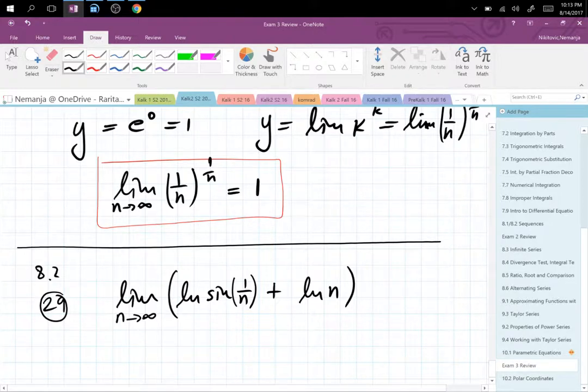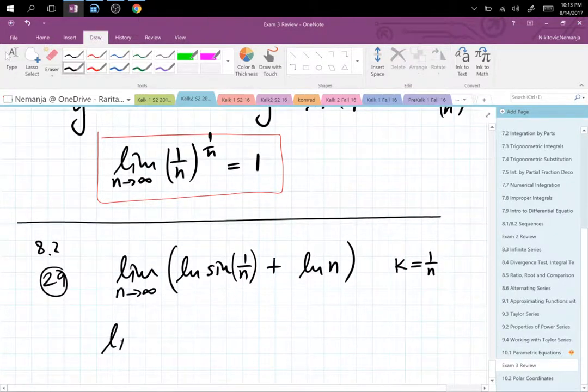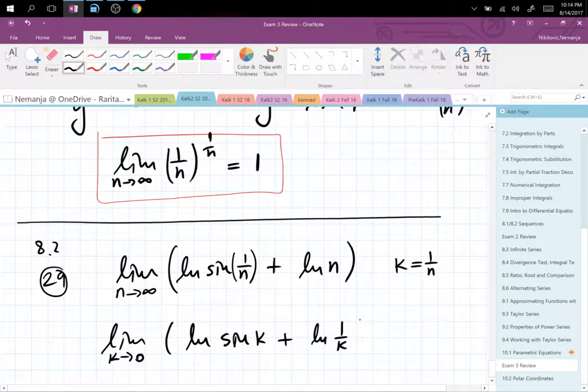For this particular problem, I'm going to use substitution again. k equals 1 over n. I'm getting the limit as k goes to 0, same transformation. And then I have ln of sine k plus ln 1 over k.